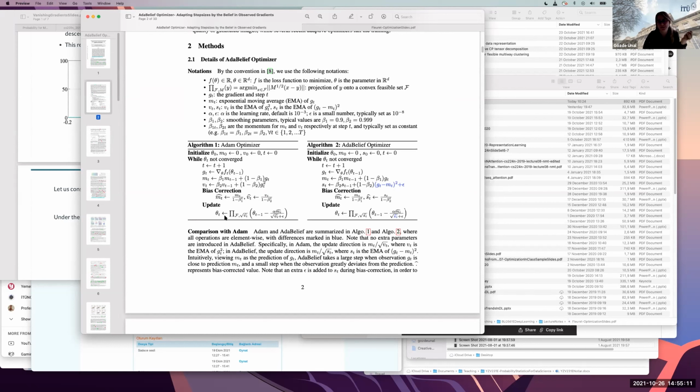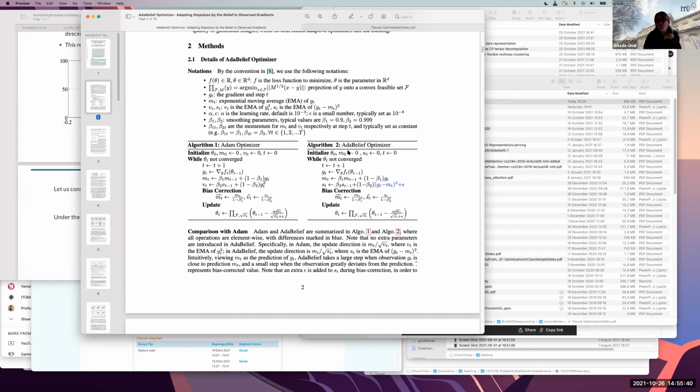Now the update step: theta is updated by theta minus alpha times this mean momentum at time t over the square root of the squared momentum gradient plus some epsilon. Actually, epsilon could come outside too.